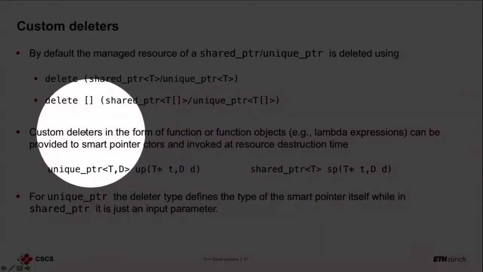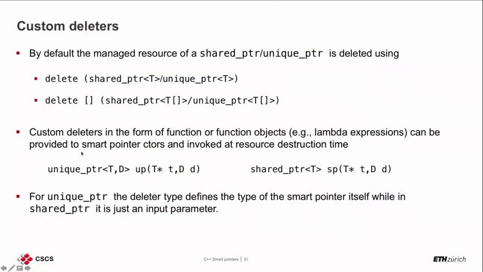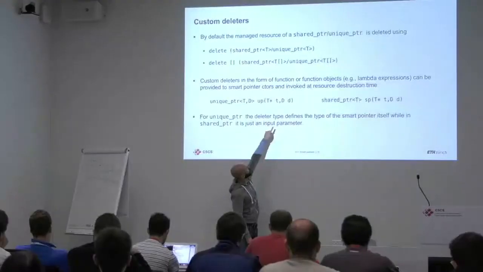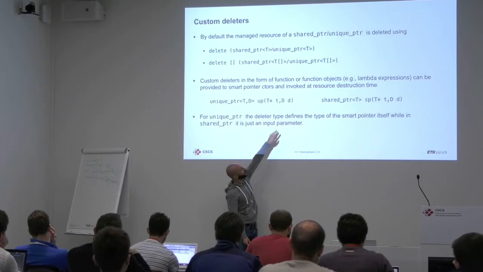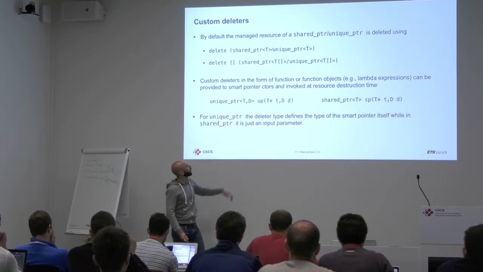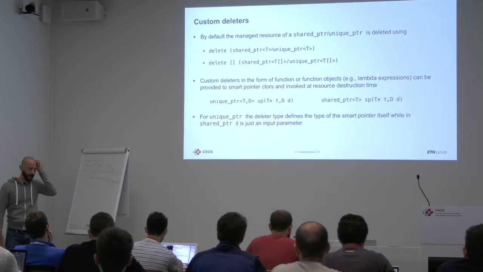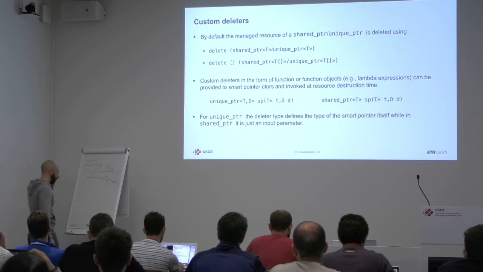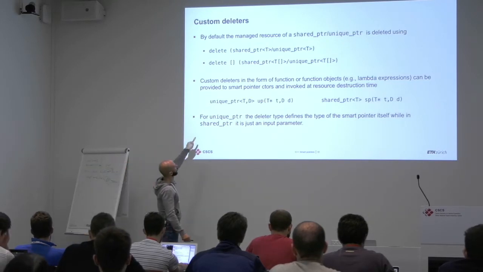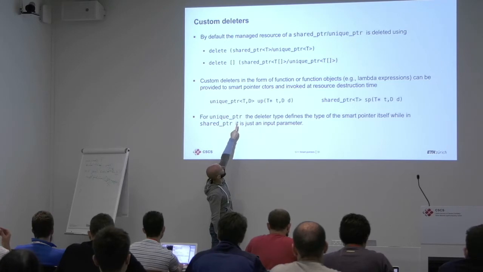And these are the two cases for a custom deleter with shared and with unique pointer. You can see that this is the custom deleter, the second argument of the constructor of the smart pointer, for both the shared and the unique pointer type. The only difference here is that the type of the deleter is part of the template parameters in the case of the unique pointer. Here you can see that you have the first template parameter, which is the type pointed to by the smart pointer.